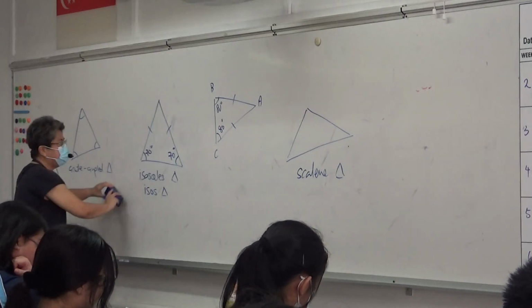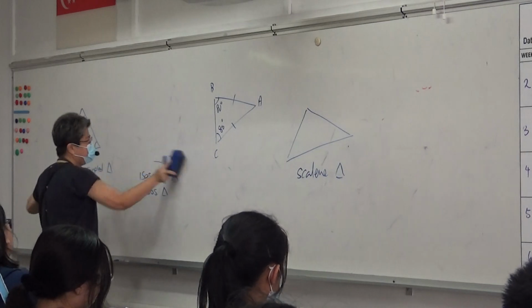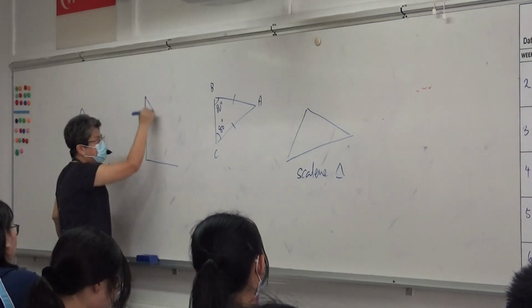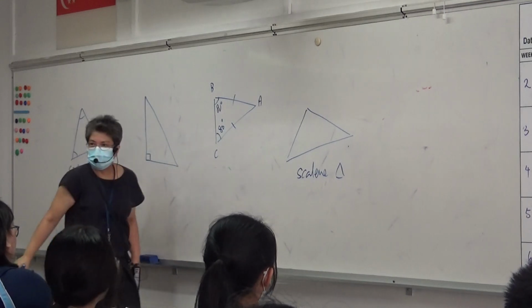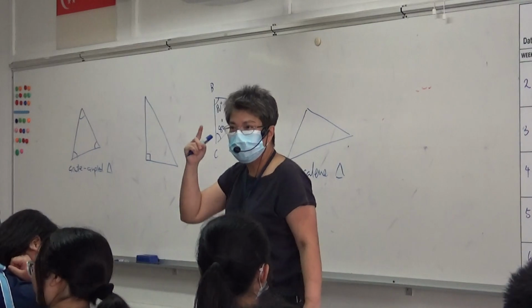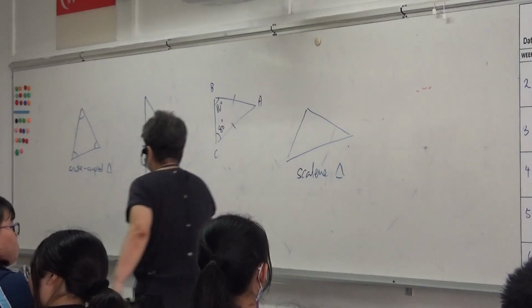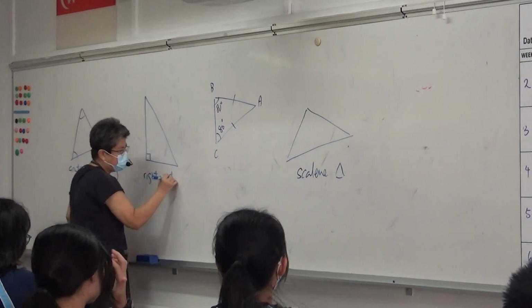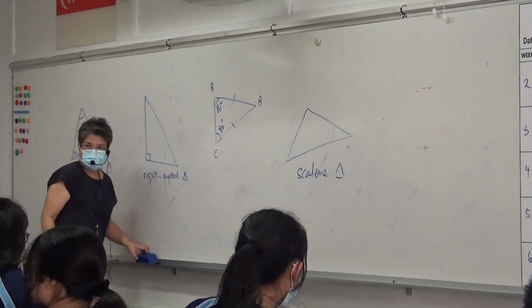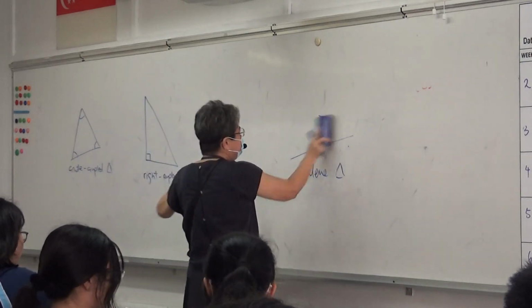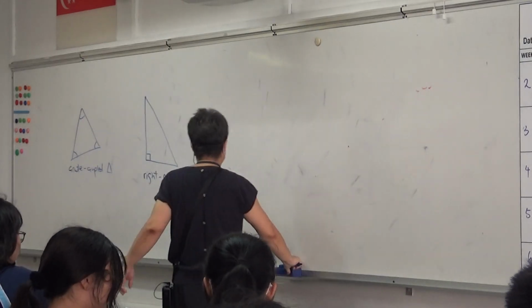This one is important because a lot of things next year will be based on this. What do we call this now? Right angle triangle. That means there's a 90 degrees there. So this is called a right angle triangle. Then we have the last one.